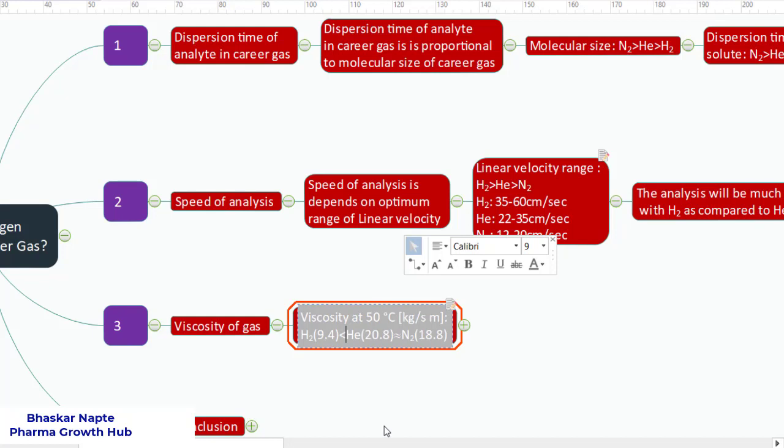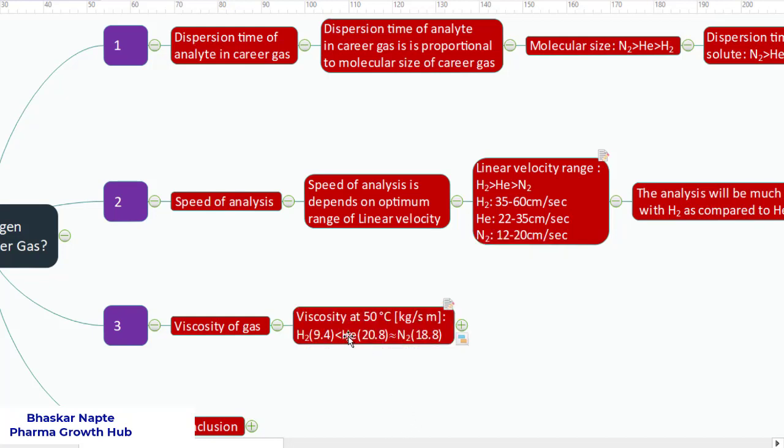So hydrogen has the smaller viscosity, which is 9.4, as compared to helium and nitrogen. The viscosity of helium and nitrogen is almost similar: 20.8 is for helium and 18.8 for nitrogen.